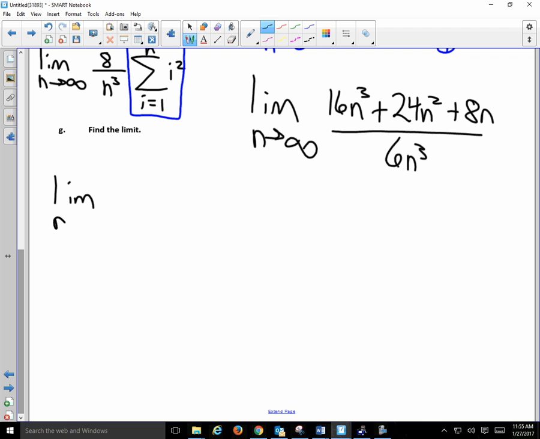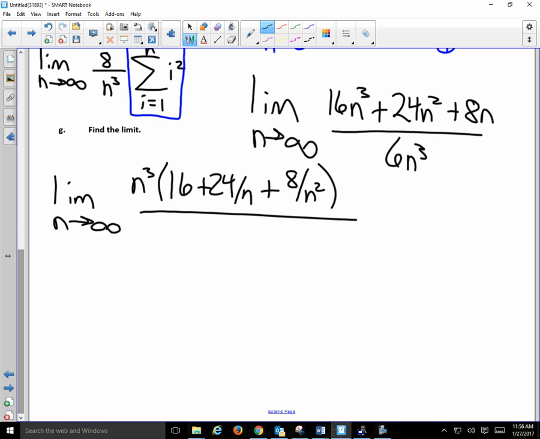Do you remember what we did in order to evaluate that limit? Yeah, take out the largest term. So we're going to take out an n cubed. What are you left with? Whether we write it in front or back doesn't matter.